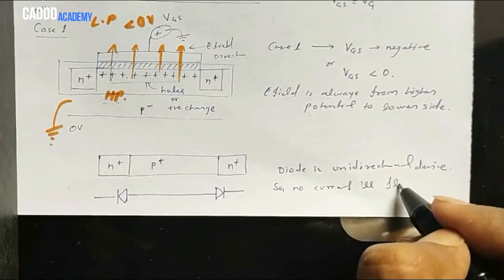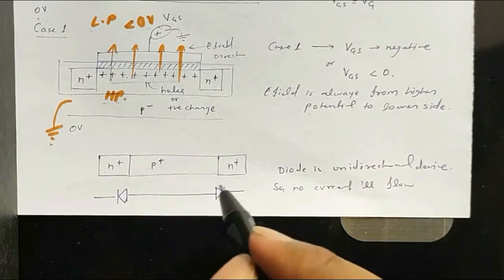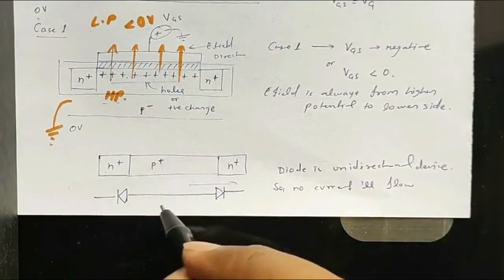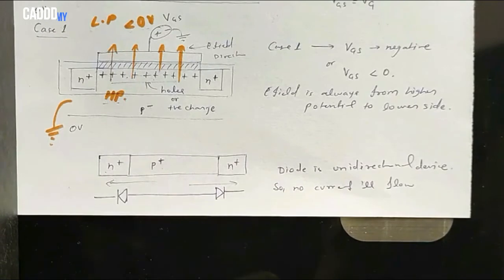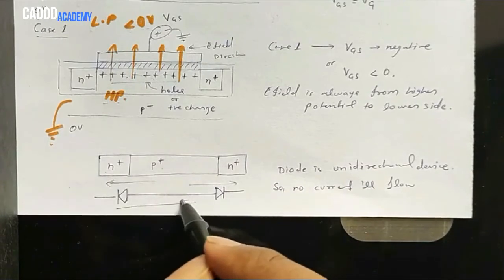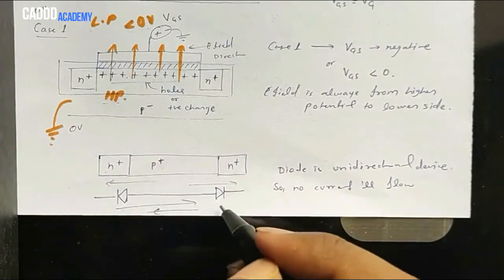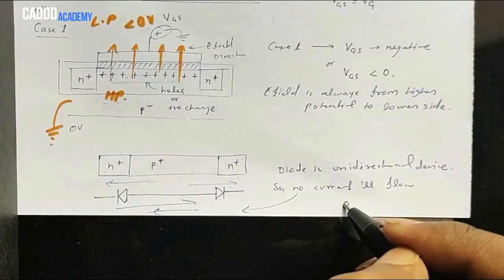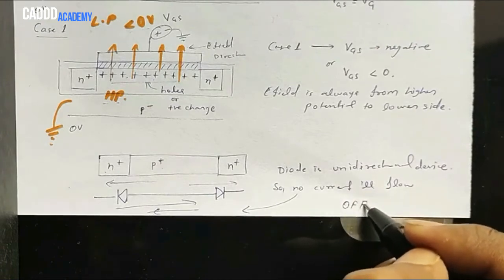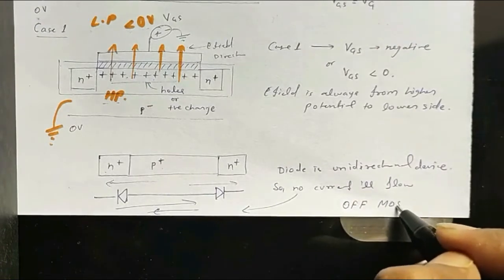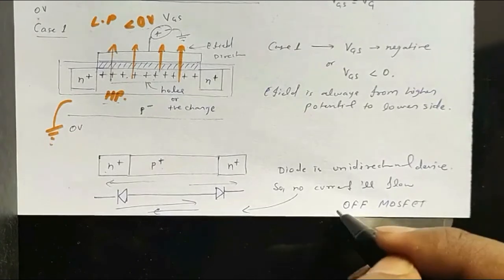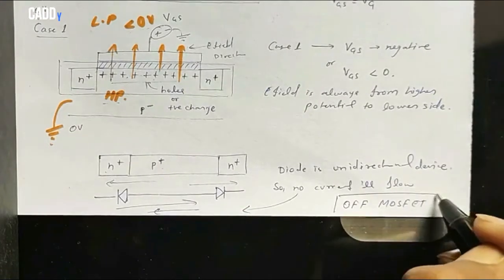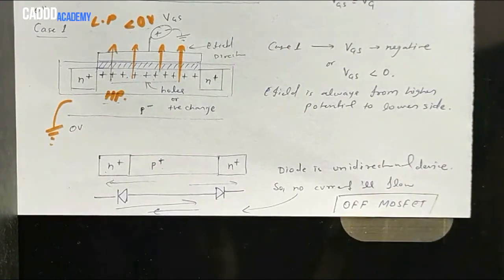As the second diode will allow the current in the right side direction and the first diode will allow current in the left side direction, the net current will be 0. So this is the first case, and in this first case we have the MOSFET in the off condition. This first case is called the accumulation mode of the MOSFET.